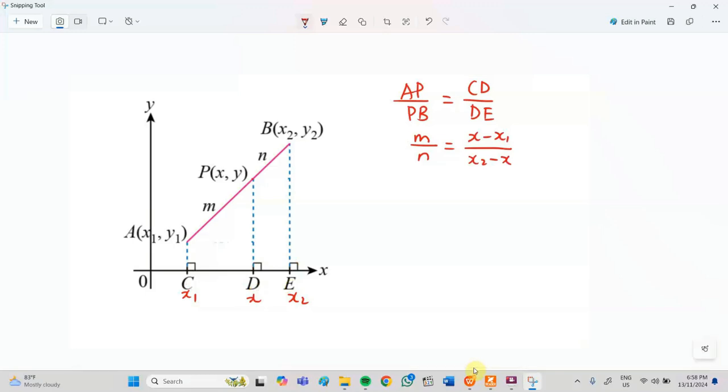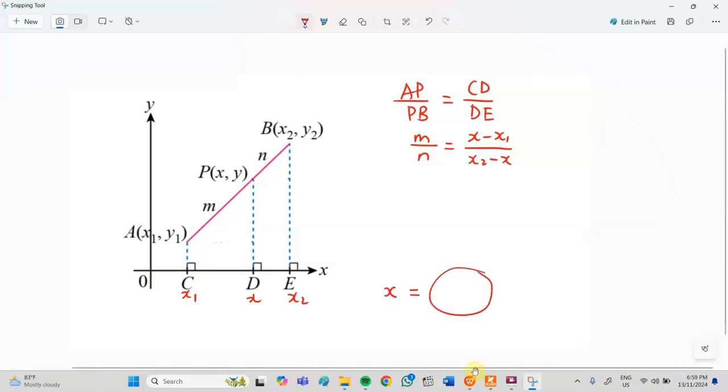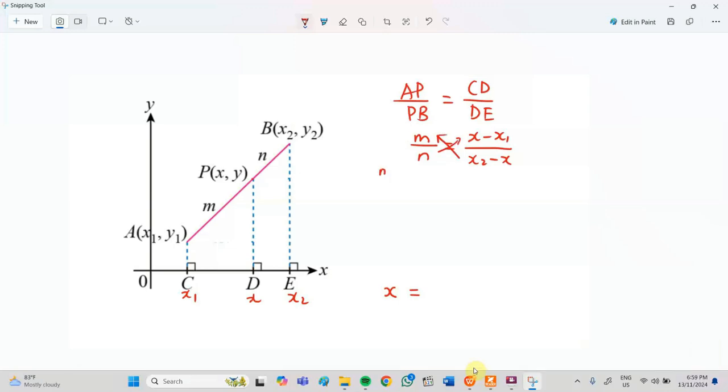Now we just need to rearrange this such that it matches the formula that we are trying to derive. Remember, for our formula, we are trying to find the coordinate of x. We want x to be in terms of the rest of the values, so we want x to be the subject. I cross multiply, so I have m(x2 minus x) equals n(x minus x1).